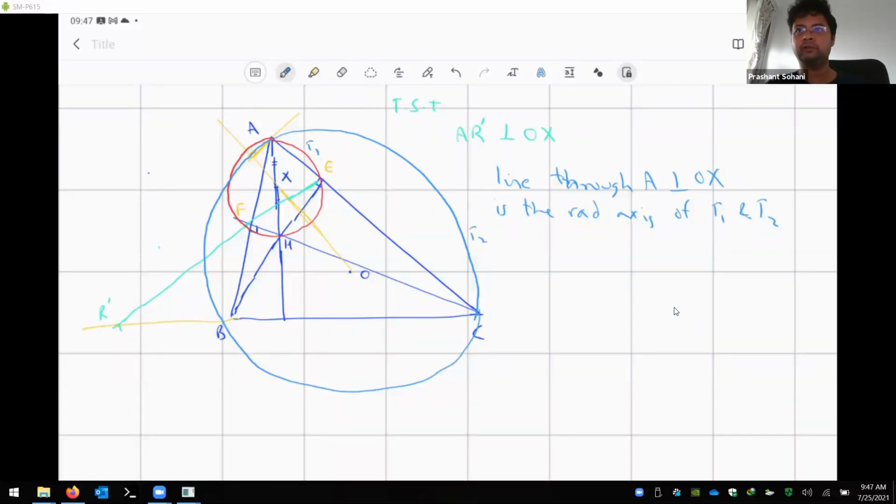Is that correct? And this is the line L which we were going to construct. So what I really want to show is that R dash lies on this radical axis. Or in other words, I have to show that R dash has the same power with respect to both circles. If this is equal, then we are done.